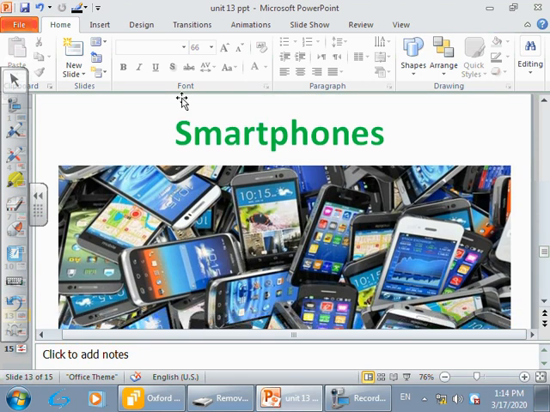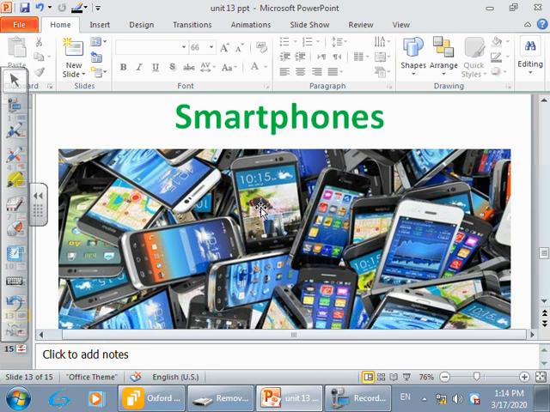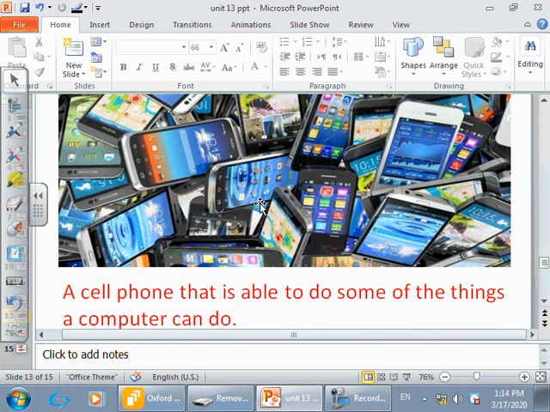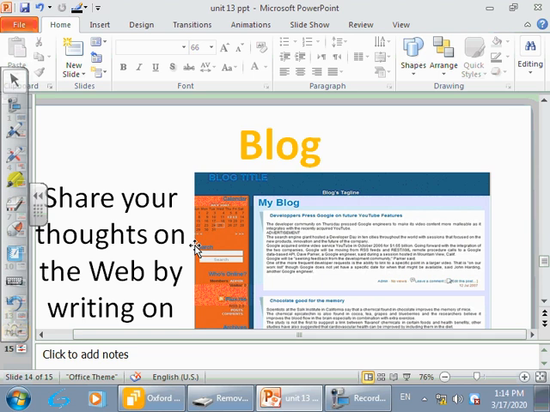For sure, guys, you all know the meaning of smartphones. We all have smartphones because smartphones have the features of a computer. And the definition of smartphones is a cell phone that is able to do some of the things a computer can do.